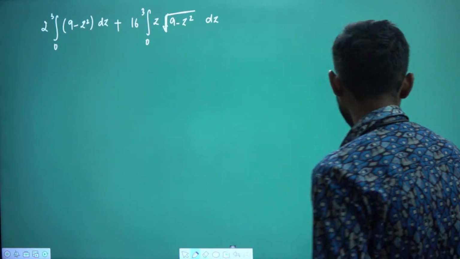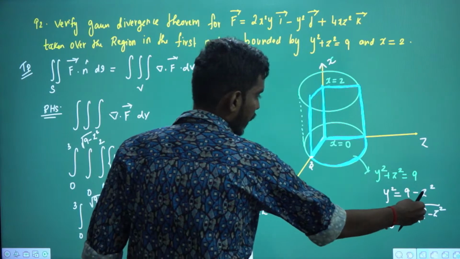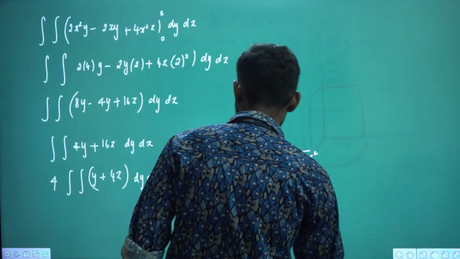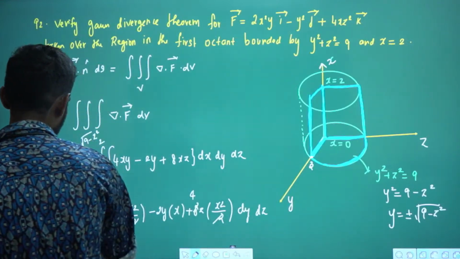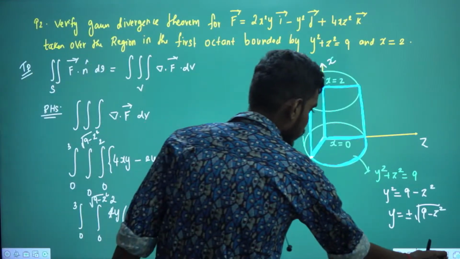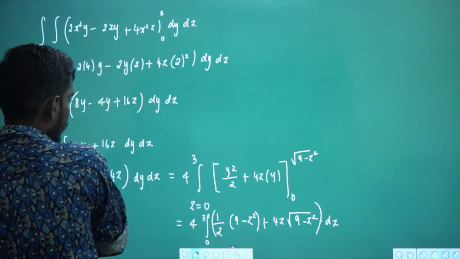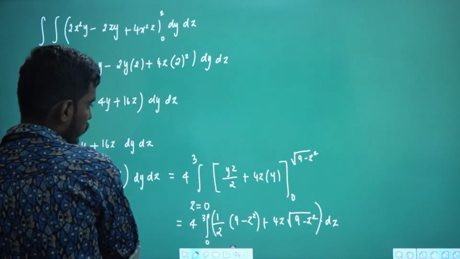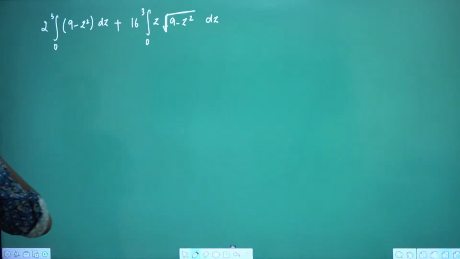Okay. I think it's very clear, right? So here it is actually 9 minus z square. I forgot to put z square. So y limit is 0 to root of 9 minus z square. Sorry. So just substitute x limits, integrate with respect to y, upper limit minus lower limit, and again with respect to z we need to integrate.